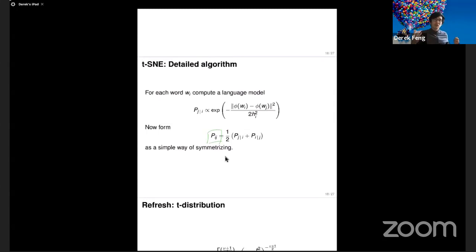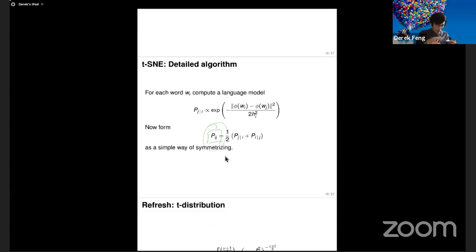So intuitively, we're trying to create two distributions indexed by, this is a weird thing, the pairs of vocab in our data. So all possible pairs of words. Pij is already fixed.